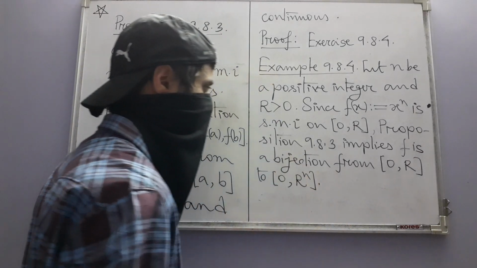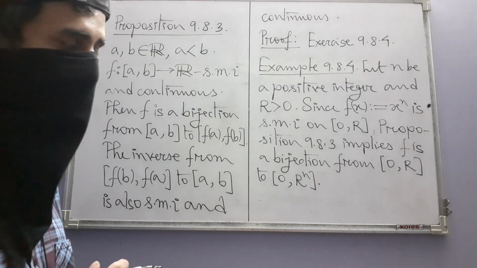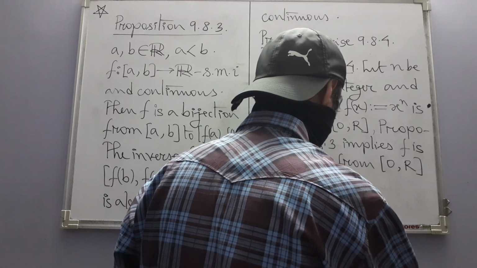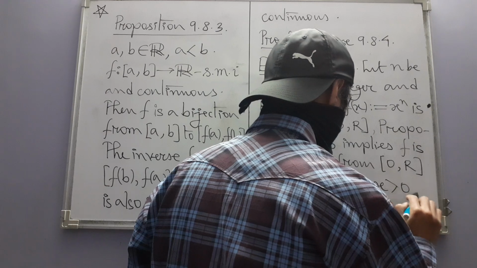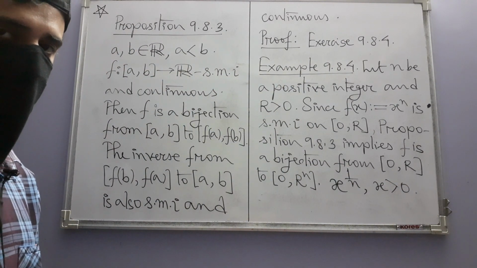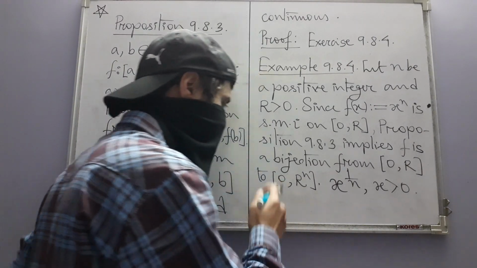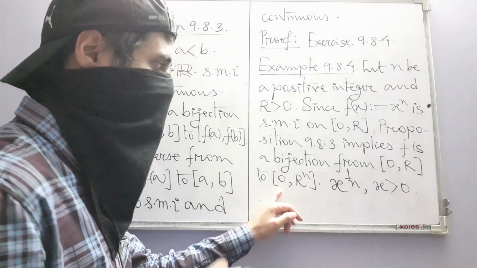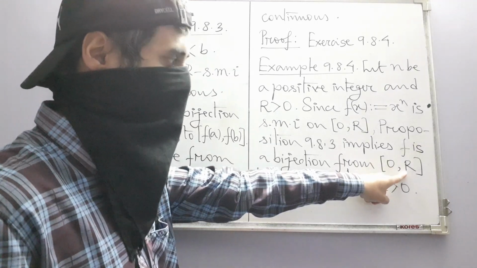And that's why this function has an inverse, and that inverse can be used to define the nth root of a positive real number. You see exactly how that inverse function of f will take inputs from here, and it will give you output here.